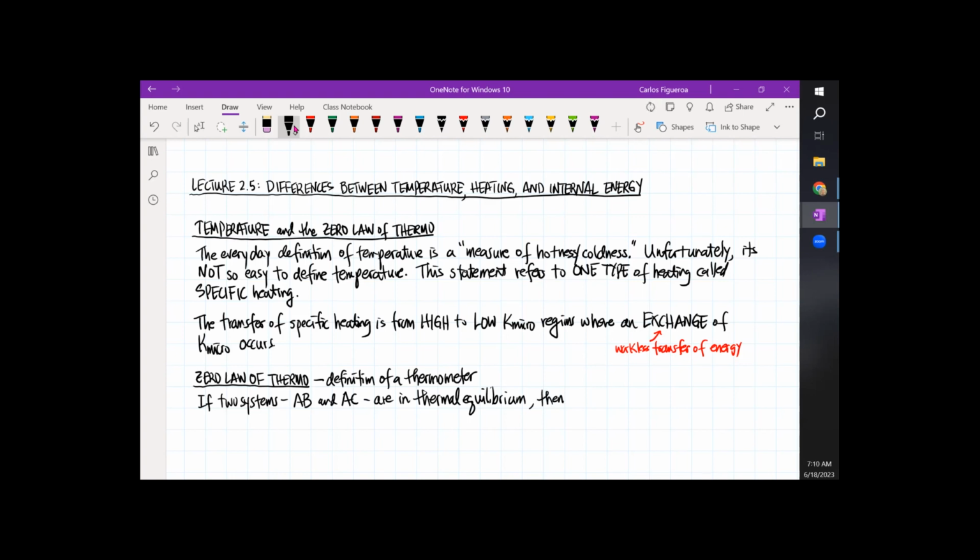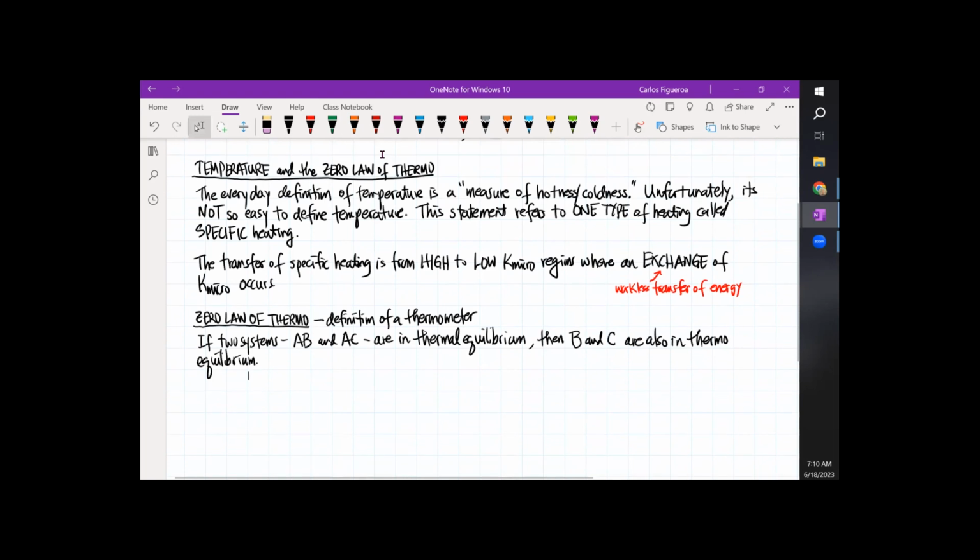Then B and C are also in thermal equilibrium. So picture-wise, what would I draw? I could imagine that I have two blocks. Let's say that one of these blocks is warmer. It doesn't really matter. And this other one is right here. So these guys are in contact.